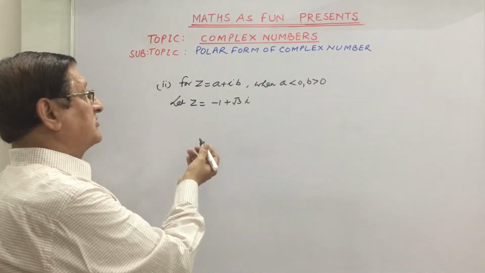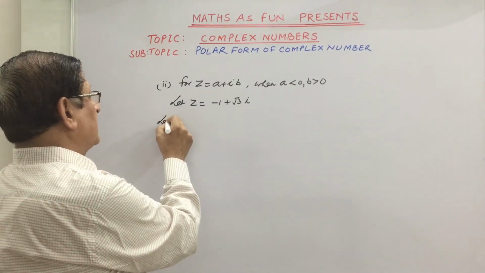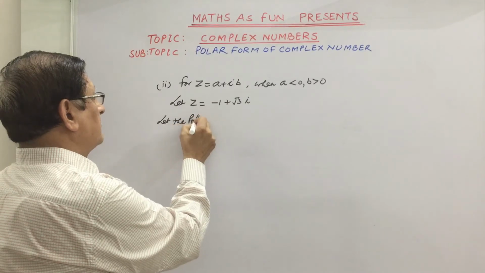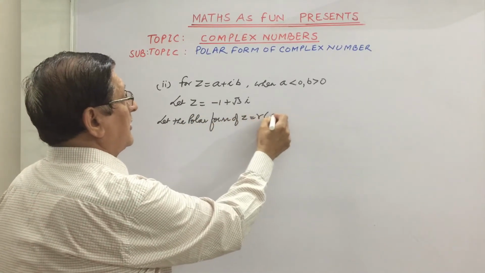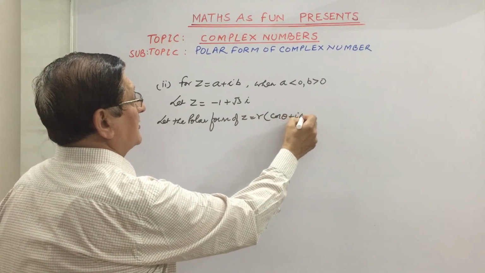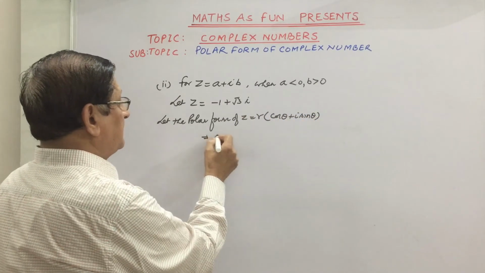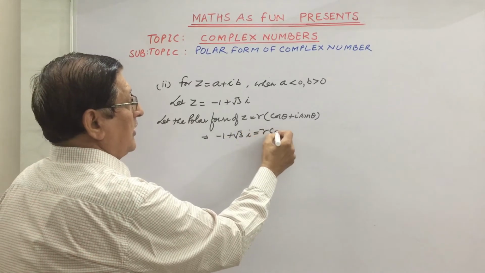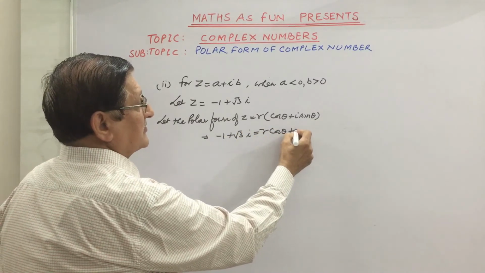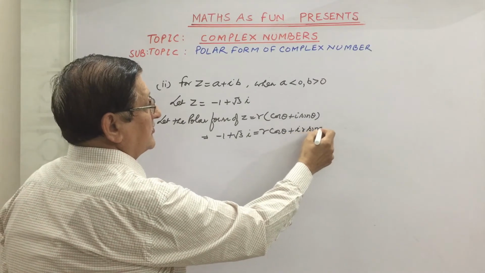And if we go with the second method, we can write, let the polar form of z be r cos theta plus iota sin theta. This implies that minus 1 plus root 3 iota is equal to r cos theta plus iota r sin theta.